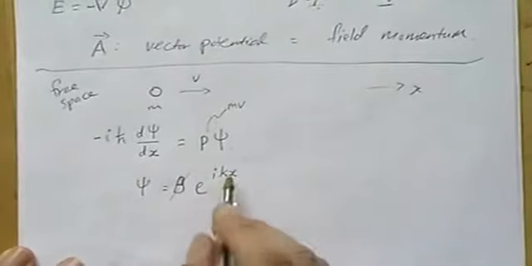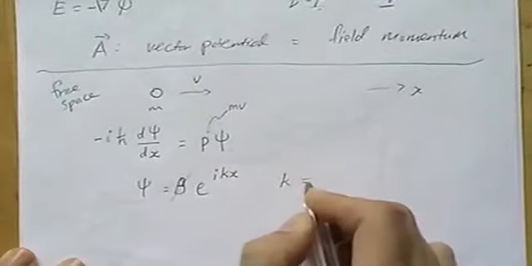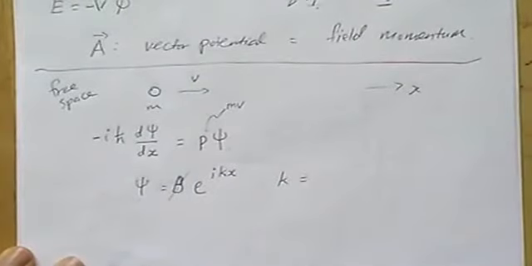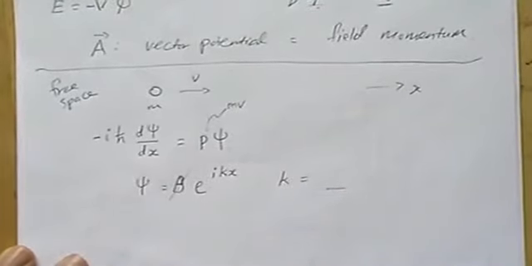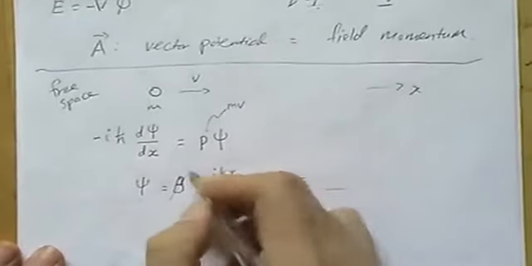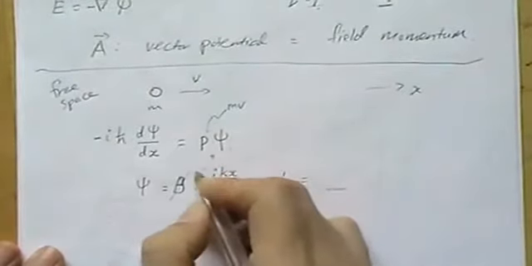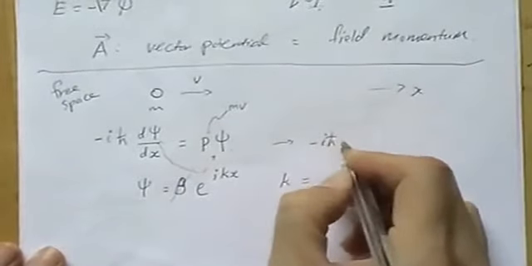It's going to have this form where k is some constant. To see what k is, we can simply substitute this into there. Substituting this into there and there gives us minus i h bar.